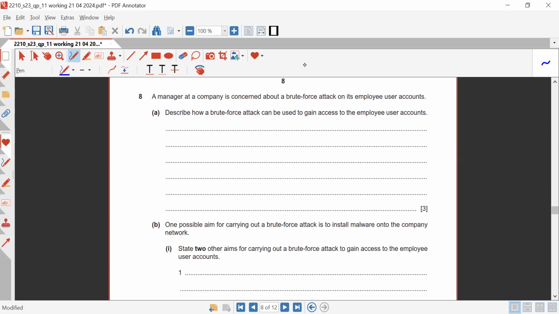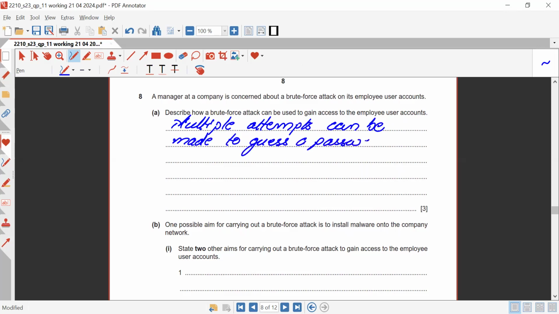It's for 3 marks, so you may write it down. Multiple attempts can be made to guess a password until the correct password is found.